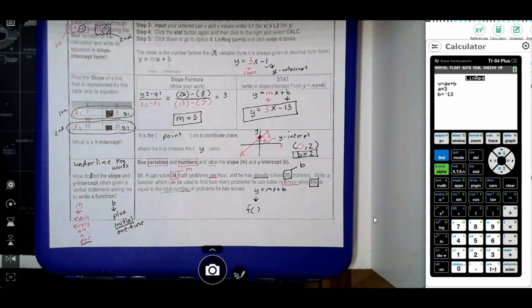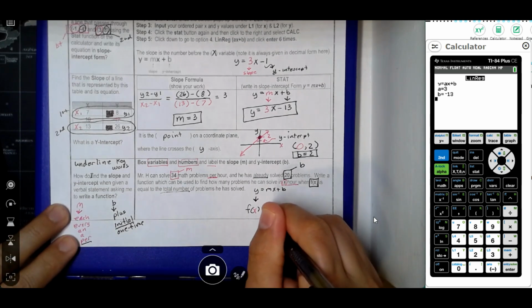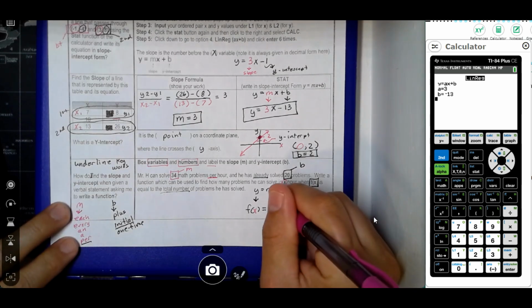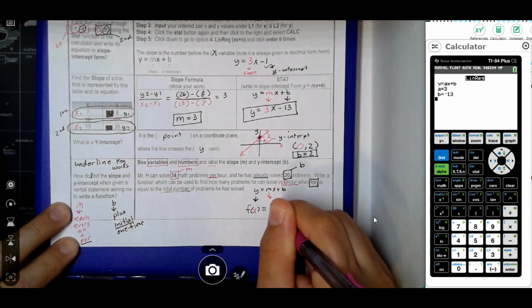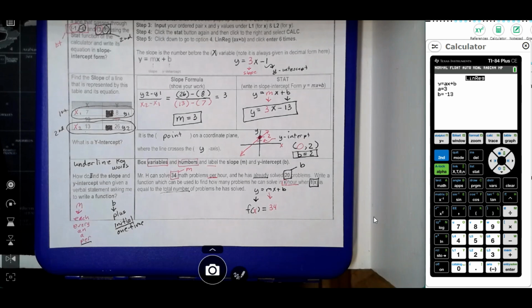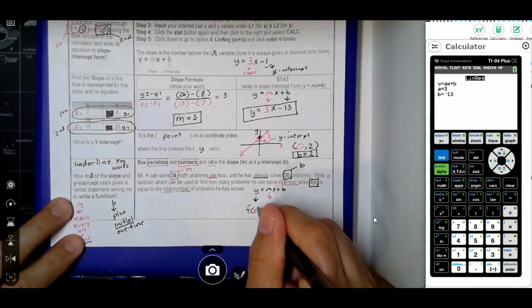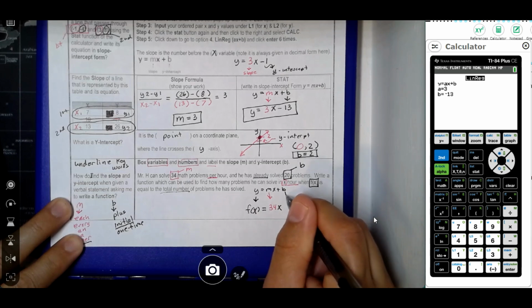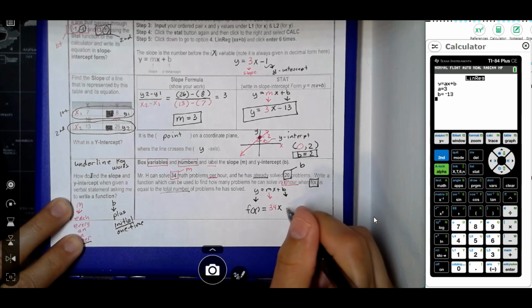So this is f of x is equal to, and my slope is 34. So for my m, I'm going to go ahead and put a 34 in there. And then I'm going to put an x, and then plus the b. And the b is 20. We already had 20 problems done.